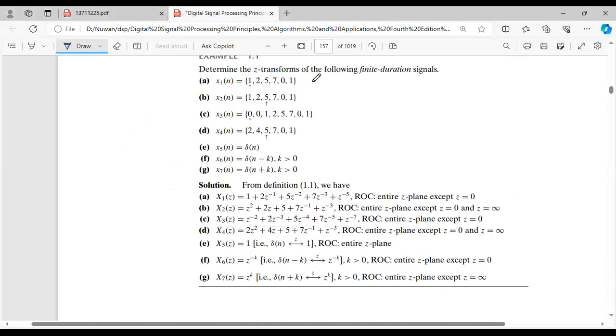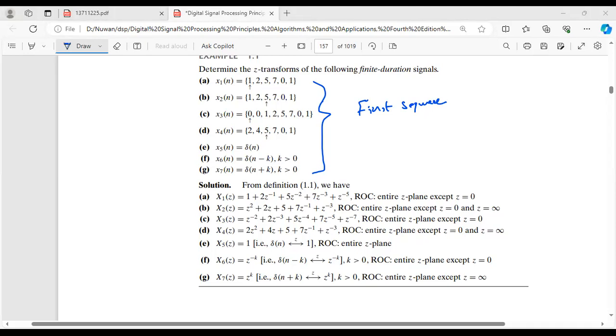You can see that all these sequences are finite sequences. In yesterday's class we also found the Z transform of an infinite sequence. I will redo that example here because Monday's students haven't done this, so I will redo it quickly.